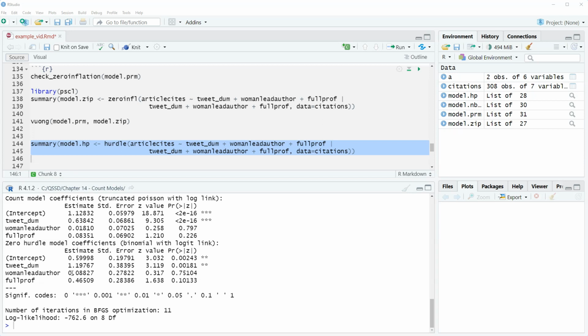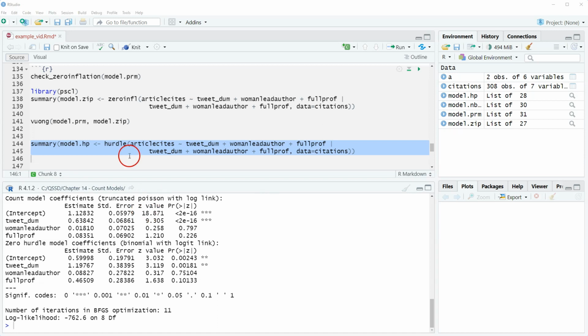In the zero inflated, it was the probability of always being 0. So having a positive coefficient implies that if an article was tweeted, then it has a higher probability of having a positive count. And then up here in the count model part, we see that tweetdum is also the only statistically significant predictor.